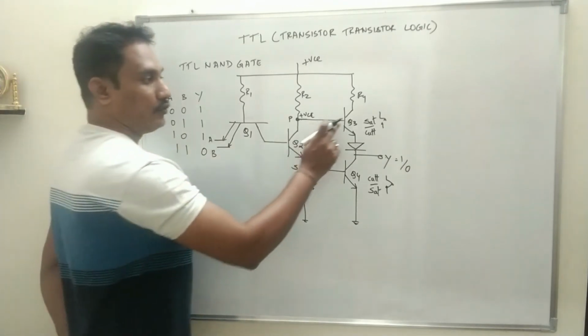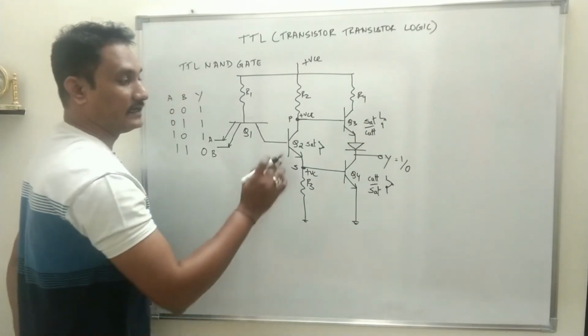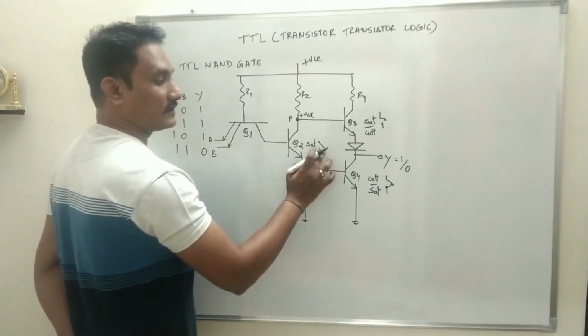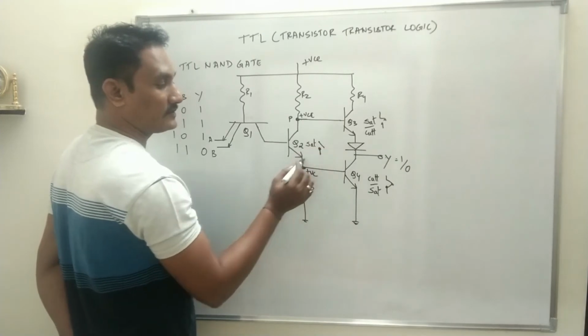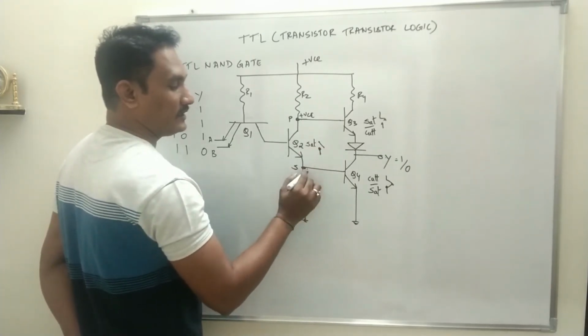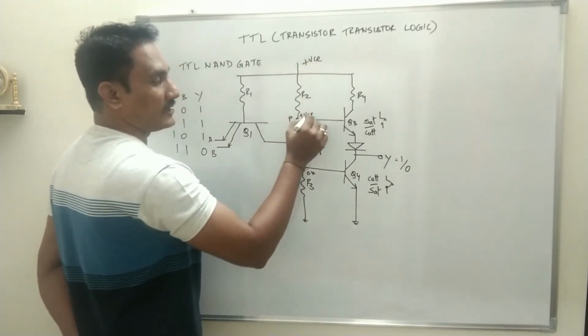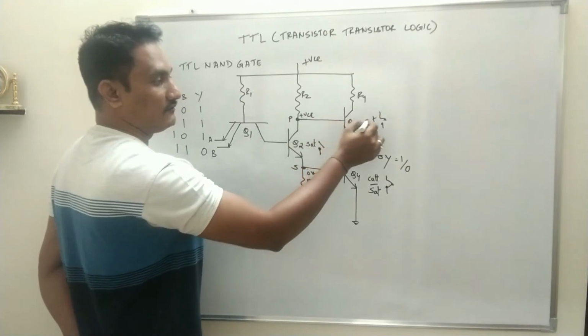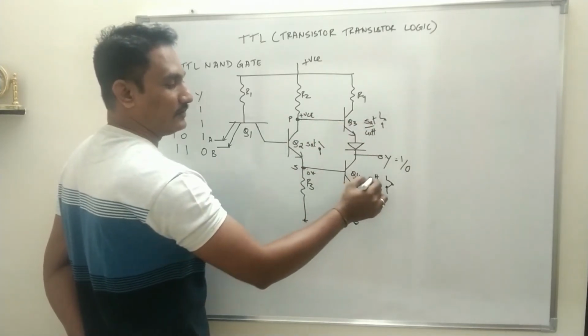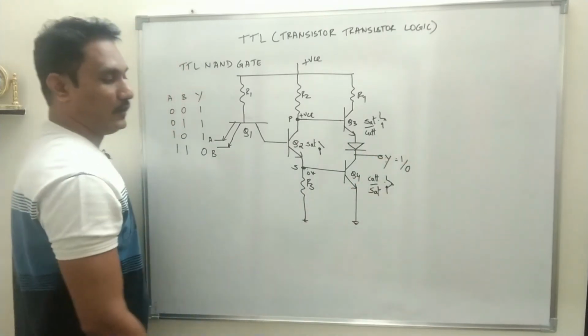That means both Q3 and Q4 will go into saturation region. And if the transistor is in cutoff region, open switch, this point S is connected to ground, so potential at S will be 0 volt, and potential at P is connected to positive supply plus VCC. So Q3 will be in saturation region, Q4 will be in cutoff region, and if this is the polarity, Y will be equal to 1.